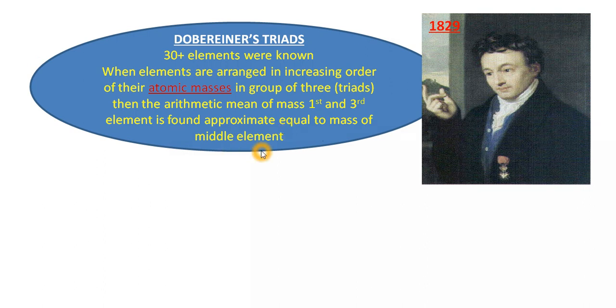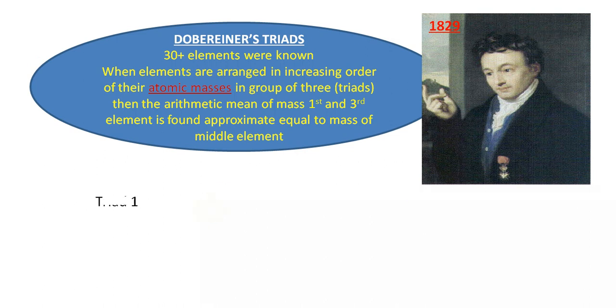It means that when he arranged elements in groups of triads, the mean, meaning the average atomic mass, of the first and third element was close to the atomic mass of the middle, central element. You will get this concept clear in the example. So let me pose examples.